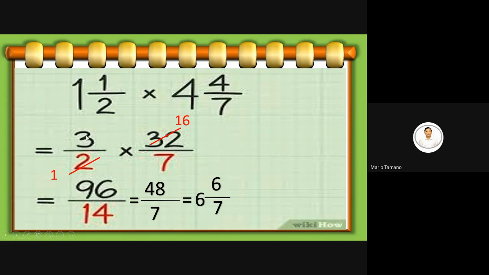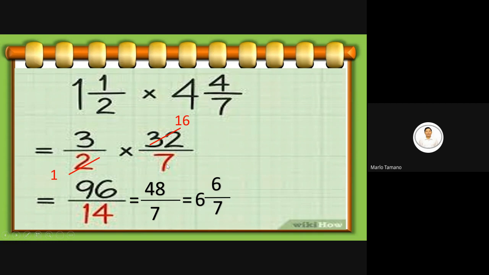So we have here 3 over 2. Times, copy the multiplication symbol. Then let us work with this second mixed number. 7 times 4 is 28. Plus 4 is 32. So the improper fraction is 32 over 7.